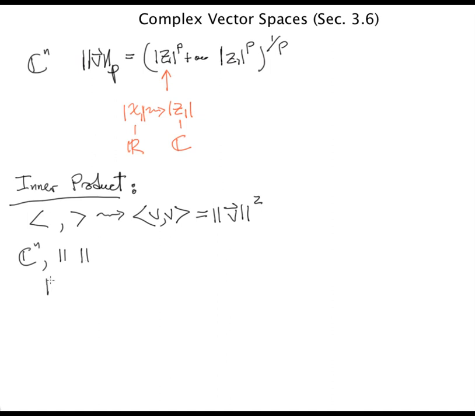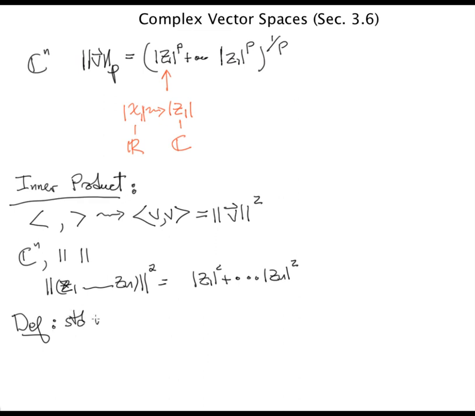So then the norm squared of z1 through zn is the absolute value of z1 squared plus and so on, plus the absolute value of zn squared. I'll just write it down, and you'll see why this is the right thing to do.